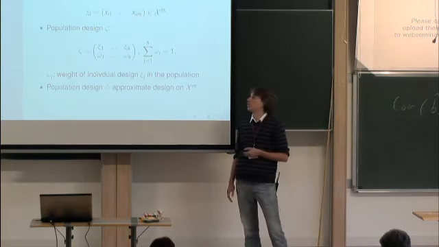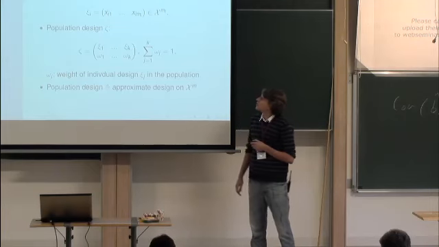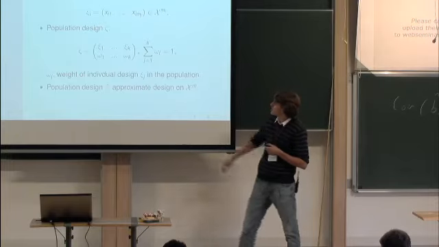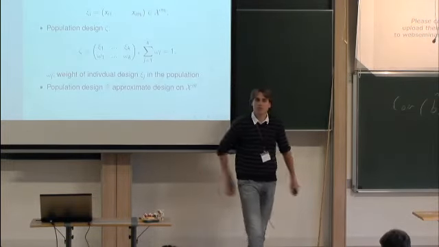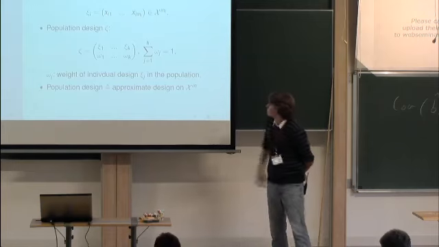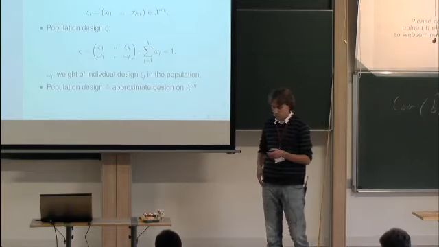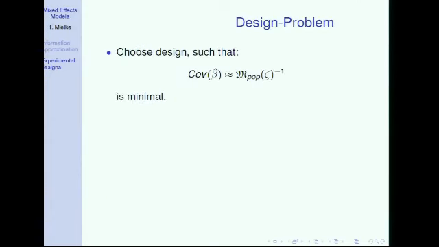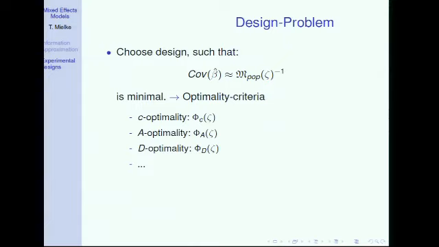So if we now assume that all individuals are observed with the same number of times, then the population designs are nothing more than approximate designs on the m-dimensional design space X here. So what we want now is to minimize the covariance, which is approximately the inverse of the Fisher information, or we want to maximize the Fisher information. Different criteria are written down here. There are a lot of others, and I won't go into detail.